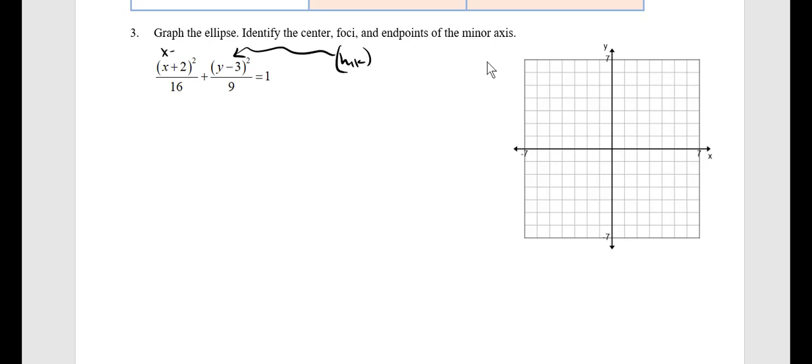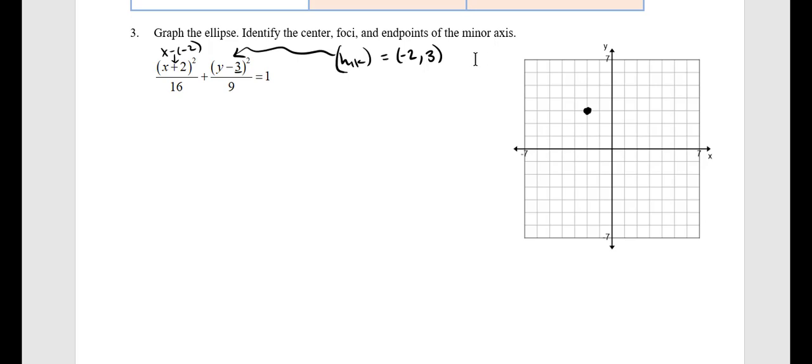We've subtracted -2 from x. So that's how far we shift in the x direction. And we have subtracted 3 from y. So that's how far we move in the y direction. So instead of being centered at the origin, we're just centered at -2, 3, right here.